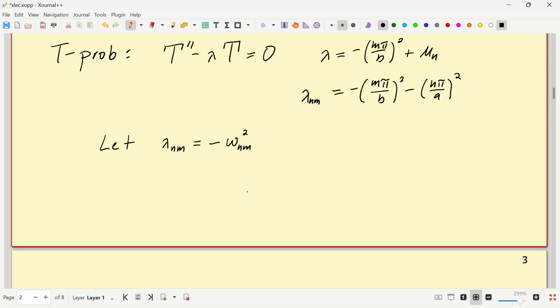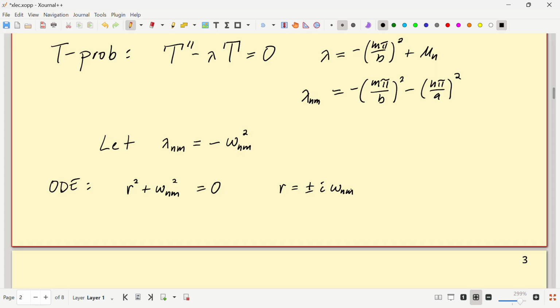And then the characteristic equation for that ODE, remember, is r squared plus omega nm squared equals 0. When I take the square root, I get r equals plus or minus i times omega nm.